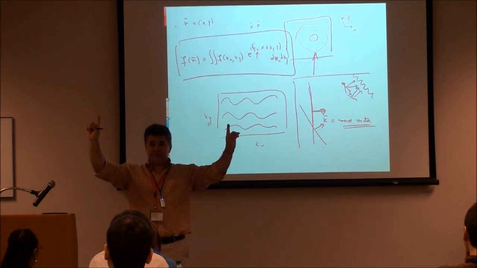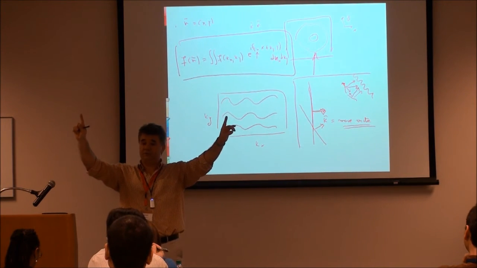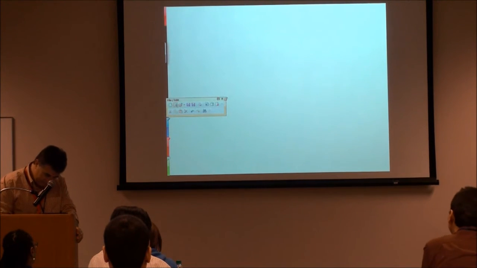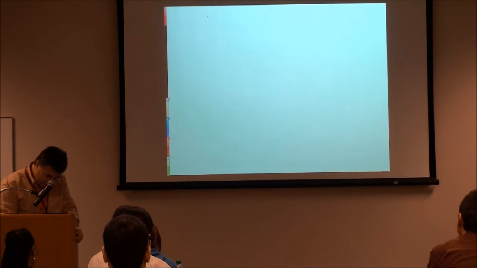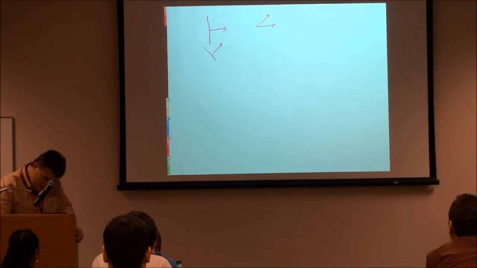That means each cosine is made of a e to the I k something and an e to the minus k something. Let me write this again. We're talking about this plane wave coming like this, and then this plane wave coming this way. So I'm zooming on the k vectors. I have this, and then I have this. The fringes are going to happen on a line that connects the two.